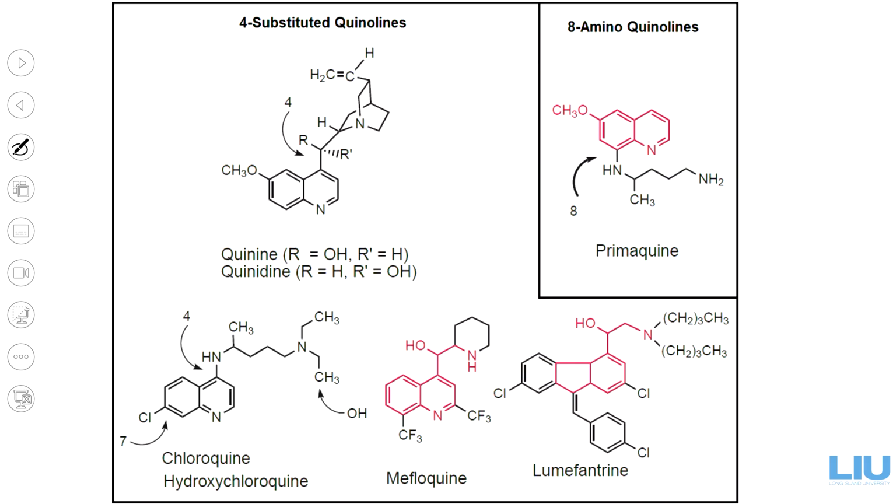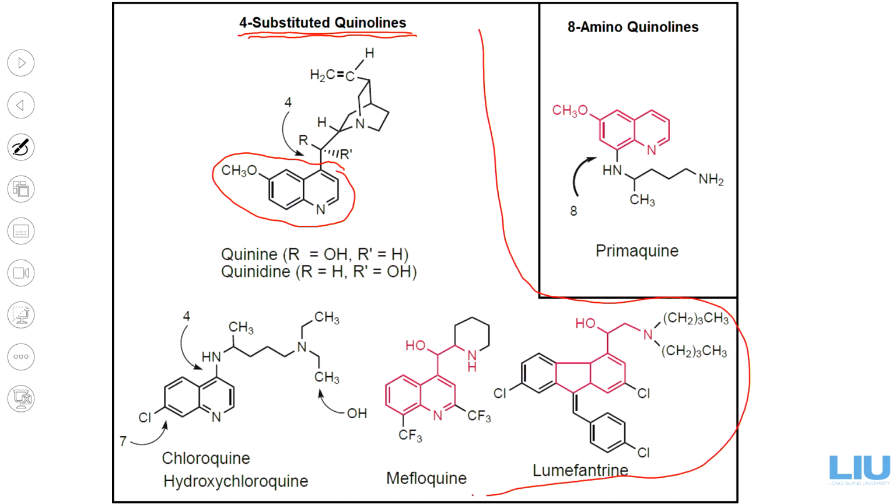All right, let's look at derivatives of quinine. This class of drugs could be classified into two categories. We have 4-substituted quinolones. This group here is actually the quinoline. Everything here belongs to this class, 4-substituted quinolones, and they will have their own mechanism of action.